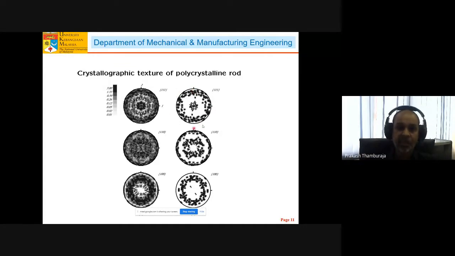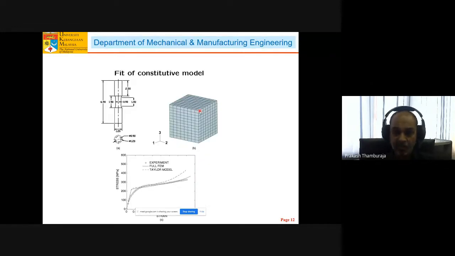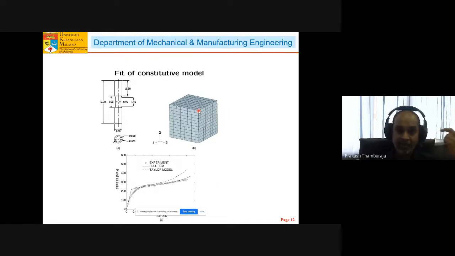This is the numerical representation of this experimental data. Each cube here is one finite element, which represents one single crystal austenite, which is now completely martensitic in phase. They are oriented in space in a certain specific way.